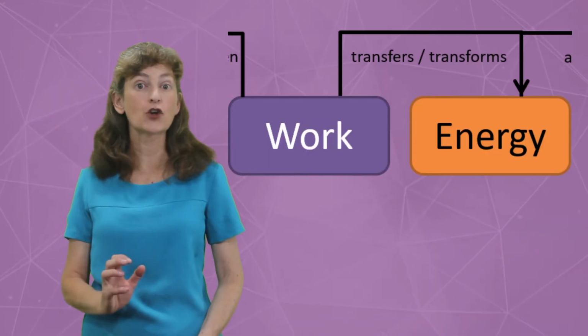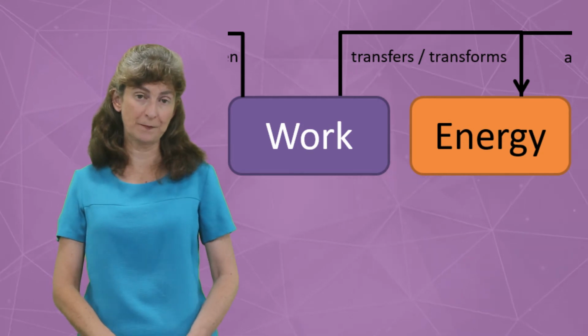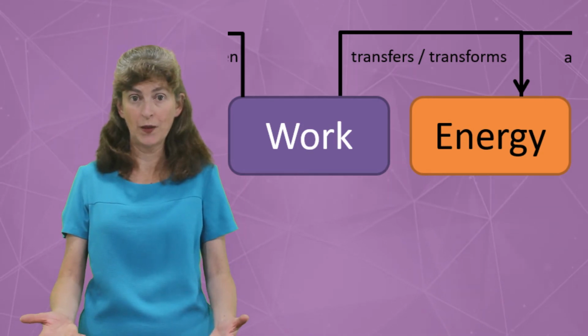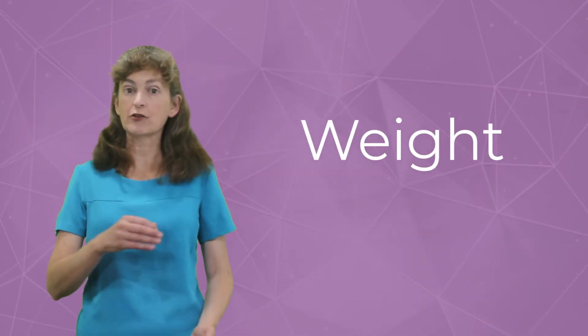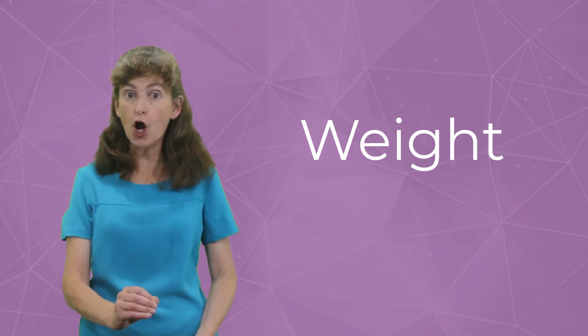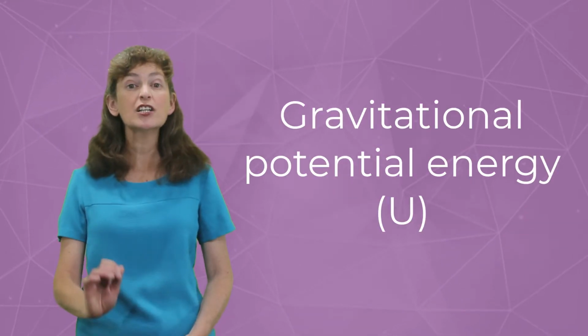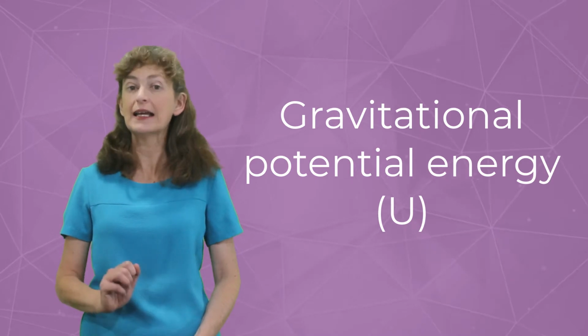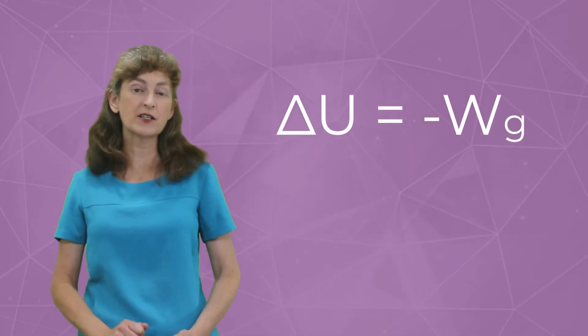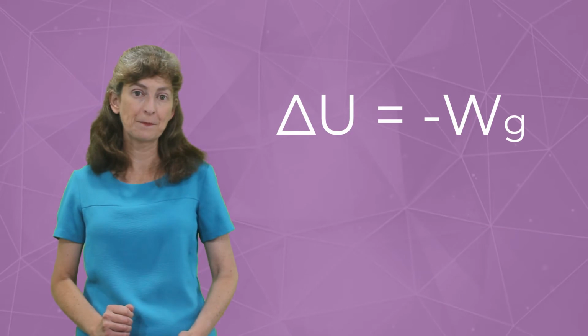Another way to see what we've just done here is to realize that whenever work is done, energy is transferred or transformed. Energy is changed. When weight, which is a gravitational force, does work, then gravitational potential energy is changed. If we calculate the change in gravitational potential energy, then we know the amount of work which must have been done.